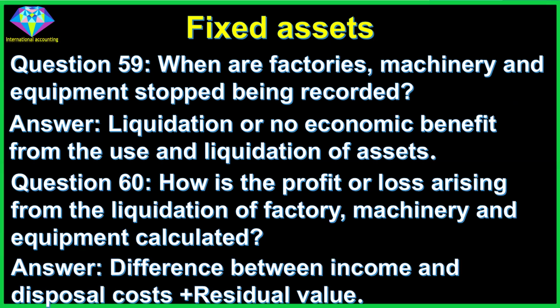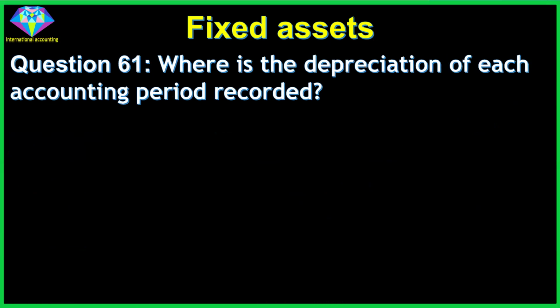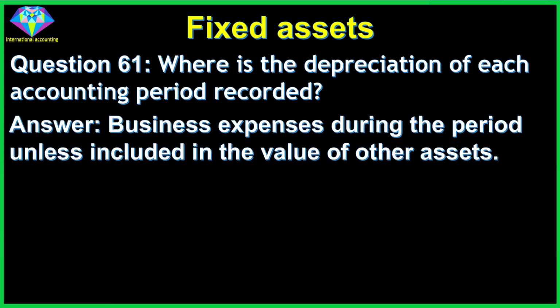Answer: difference between income and disposal costs plus residual value. Question 61. Where is the depreciation of each accounting period recorded? Answer: business expenses during the period unless included in the value of other assets.